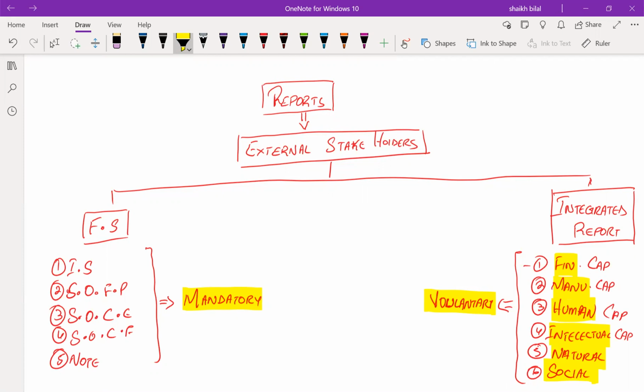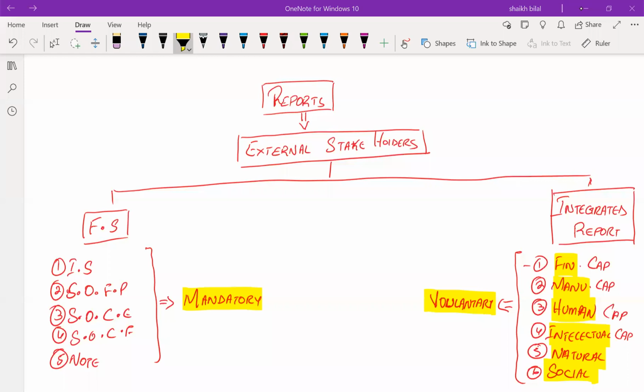So these are all those integrated reporting capitals that we can report if we want. Although this is not mandatory right now, we can help our external stakeholders get along with this area. So I hope you have made yourself very clear in this.